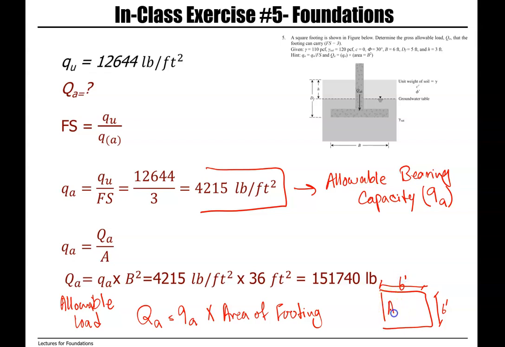So area is 6 to the power of 2, or 36 cubic feet. So this is area of footing. This is allowable bearing capacity. It will give us allowable load.